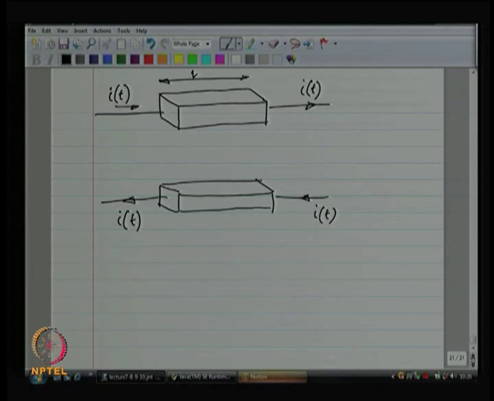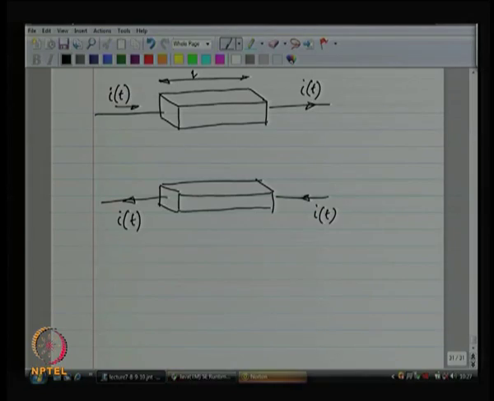Now, this reminds you of parallel pair of plates, right. The more the separation, the more the fringing, but even otherwise this is a parallel plate capacitor.